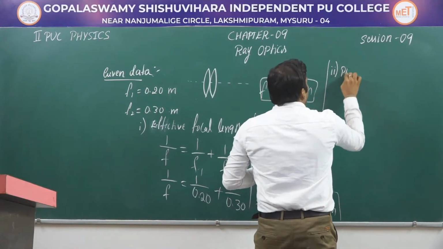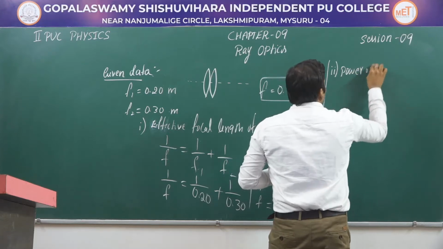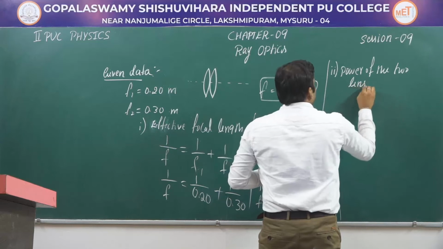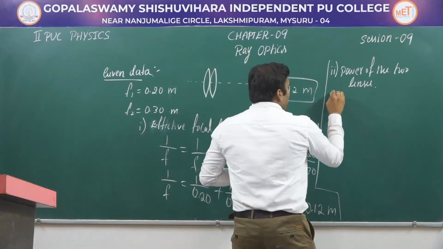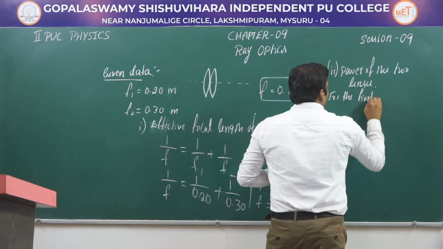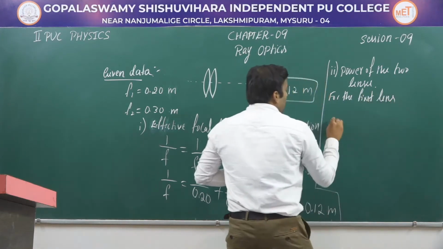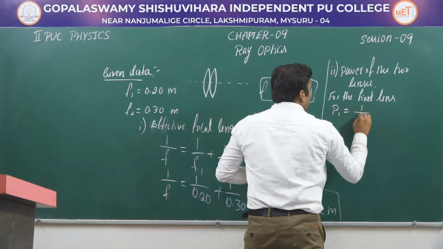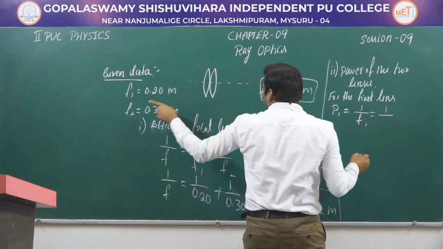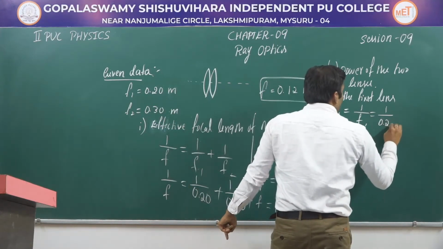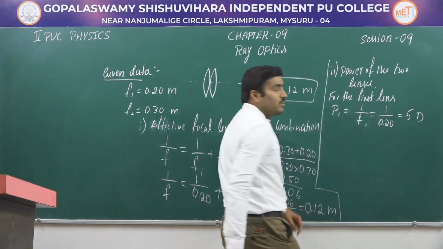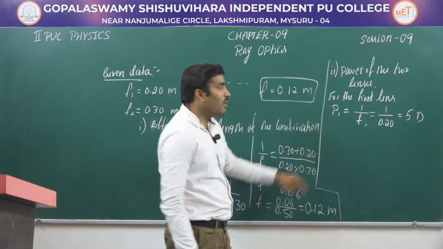Secondly, power of the two lenses. First, for the first lens, power is equal to 1 divided by its focal length. So 1 divided by the focal length of the first lens, 0.20, so the power will be 5 diopter. Diopter is the unit of power of a lens.